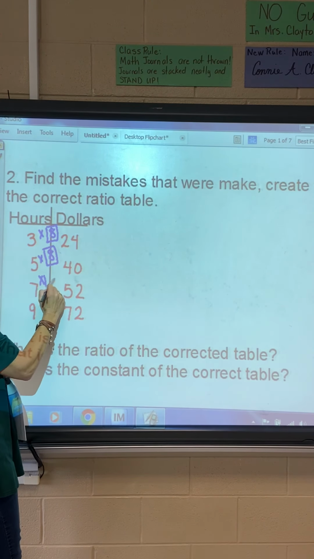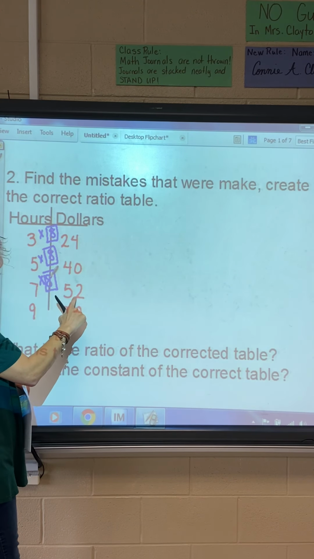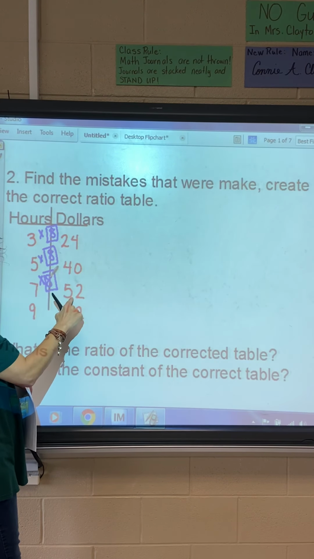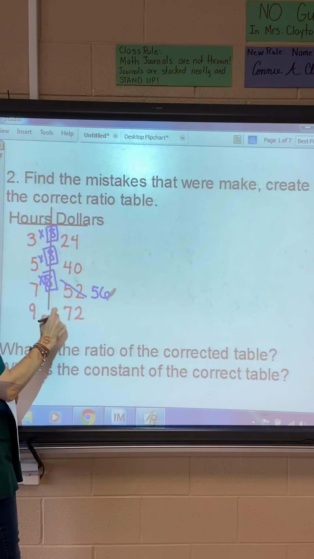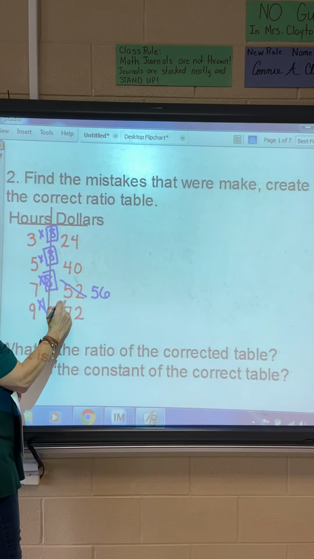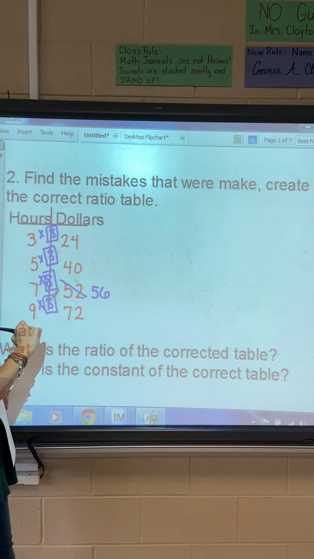So it still should be the same for every one. 7 times 8 equals 52? No, not 52. 7 times 8 equals 56. So there's our mistake. Let's check this one. 9 times 8 equals 72. That one's correct.